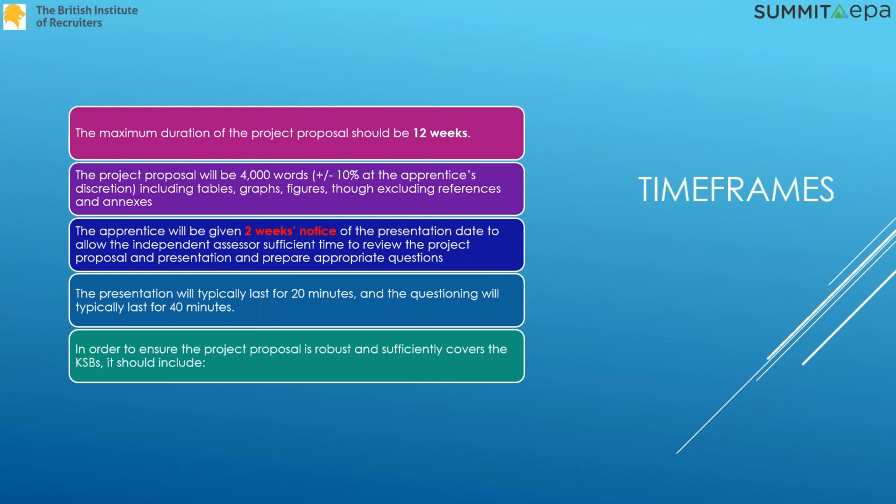Well, what we are looking at is that the KSBs attributed to this assessment method have some form of evidence, because that is what they're being assessed on. If you look at the evidence that's attached to this assessment method, that's what we're assessing. It's got to be attributable to this.